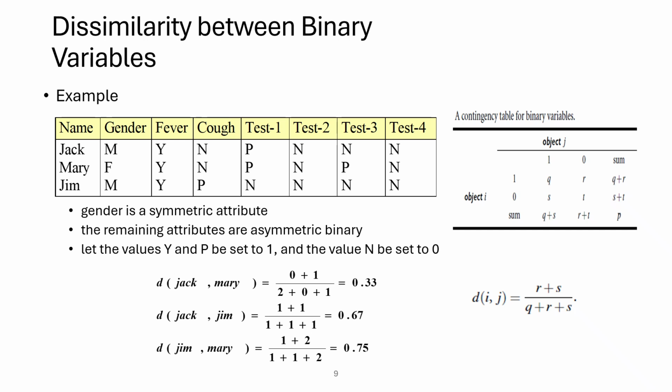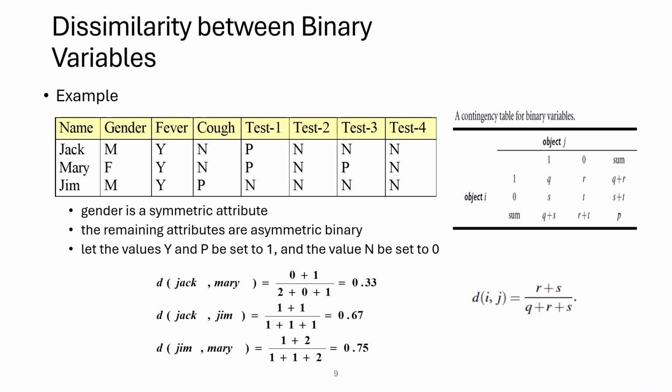Because of this, the output cannot be perfect, since I can prefer male to be 1 and you can prefer male to be 0. In that case you will not get a proper dissimilarity between the binary variables. That is why I am going to discard gender, as this is a symmetric variable.